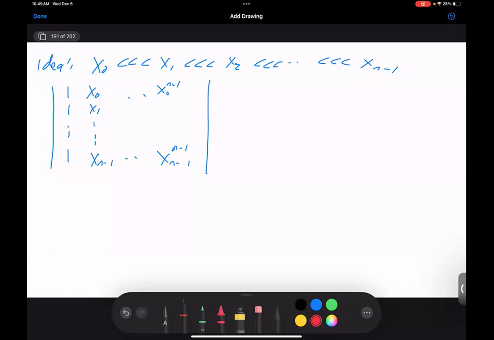So clearly, if I want a large contribution, I want to have the xn minus 1 to the n minus 1. And you would just see that this is going to be the term that contributes the most, because this is going to have the highest power of xn minus 1. And then once I have the highest power of xn minus 1, the best I could do would be to have the highest power of xn minus 2.